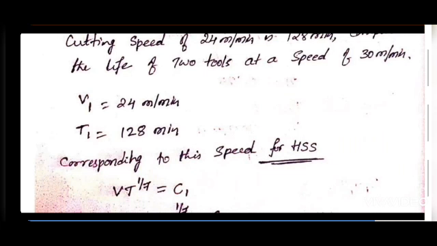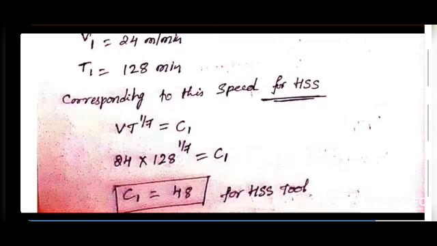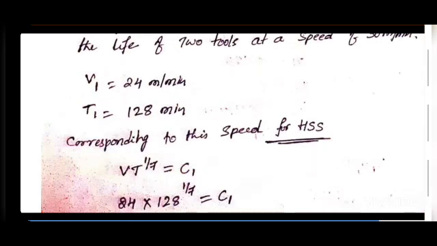Okay, so let's first calculate the machining constant for the HSS tool. For the HSS tool, the Taylor tool life equation is given as V t to the power of 1 by 7 is equal to C1. Put in the initial condition: V1 is equal to 24 meter per minute, T1 is equal to 128 minute. So C1 is equal to 48.